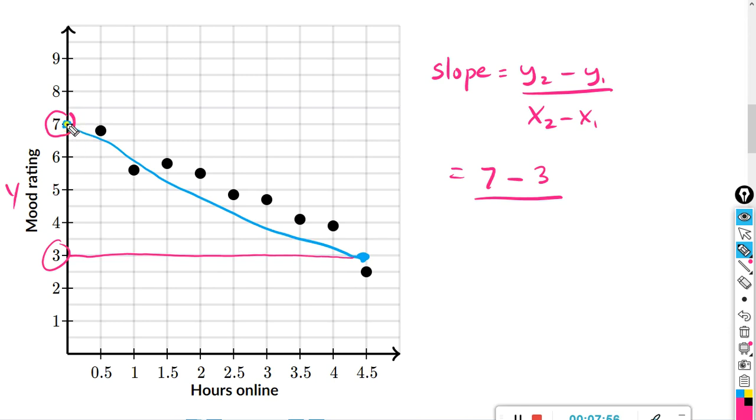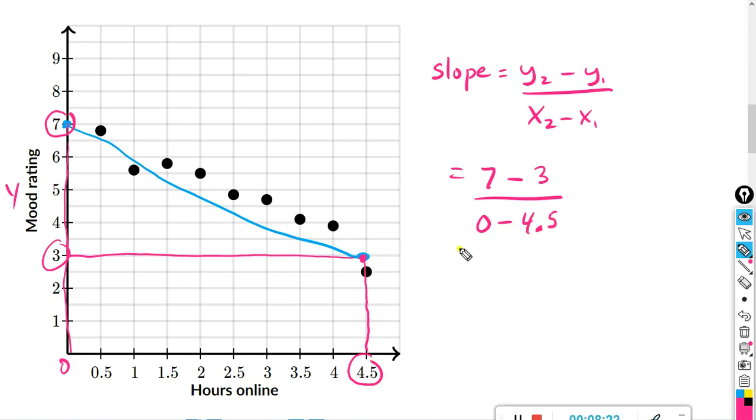Okay, so this point here, if we trace it down, we can see the x-coordinate is 0. Okay, and now go to the other end of your line. Right here, if we trace it down to the x-axis, that x-coordinate is 4.5.